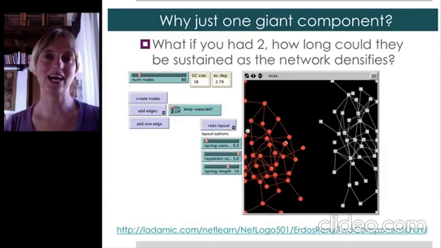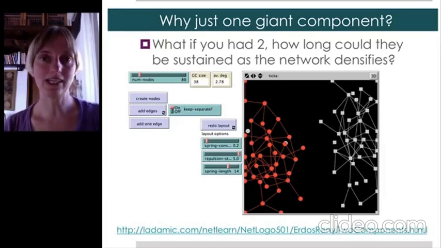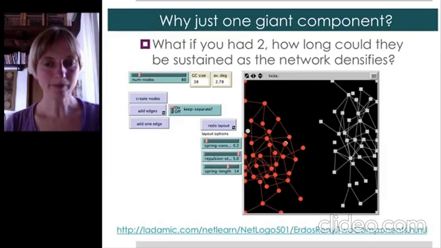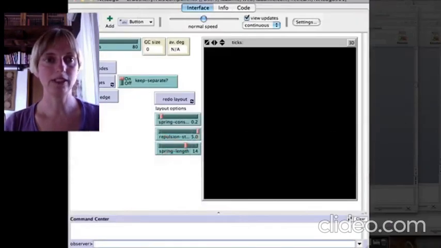Well, let's look at the counterexample. What if we have 2 large components? If we were to continue adding edges, how long could they really stay separate before merging into 1 giant component? So what I'd like you to do is to look at this particular NetLogo app with 2 components.